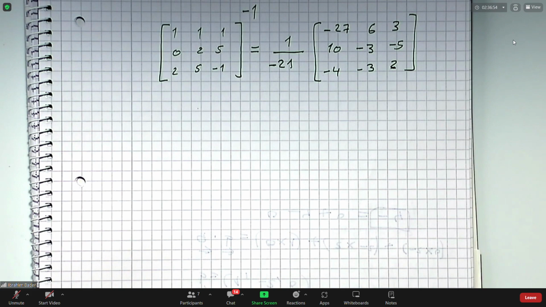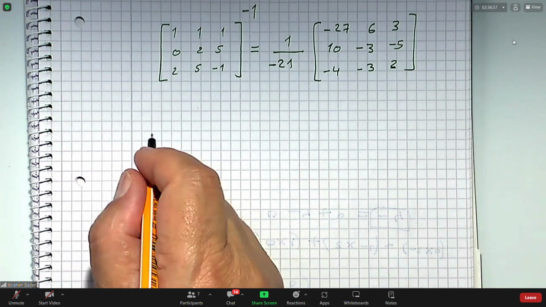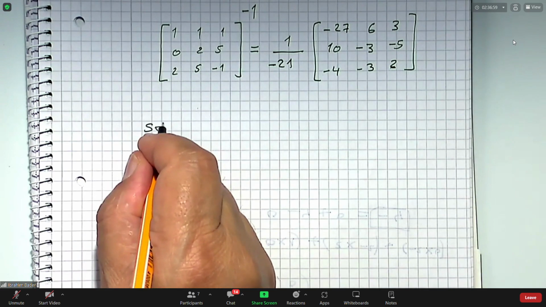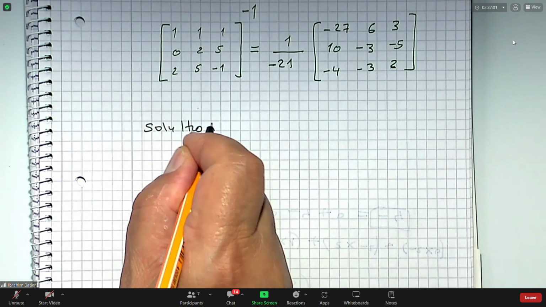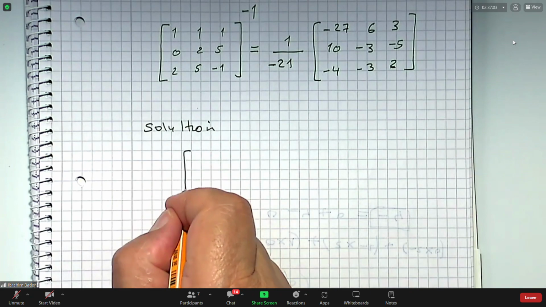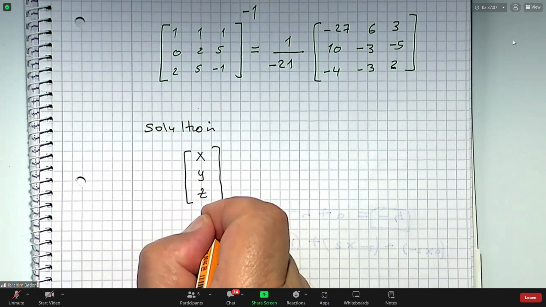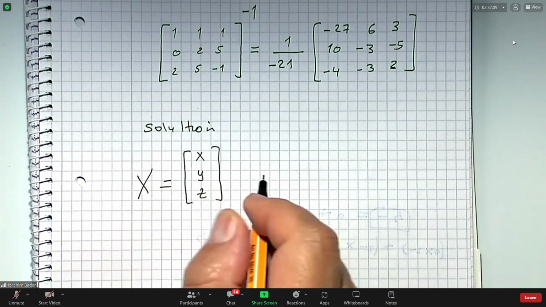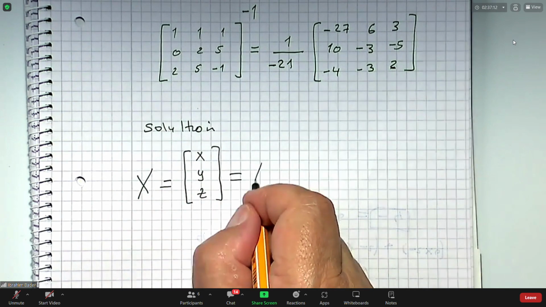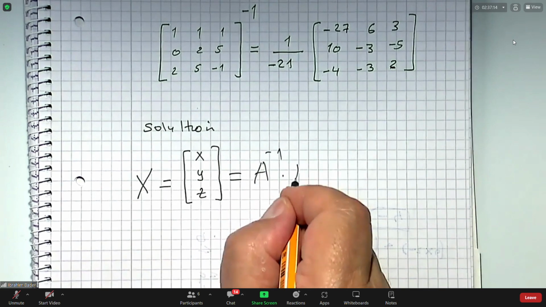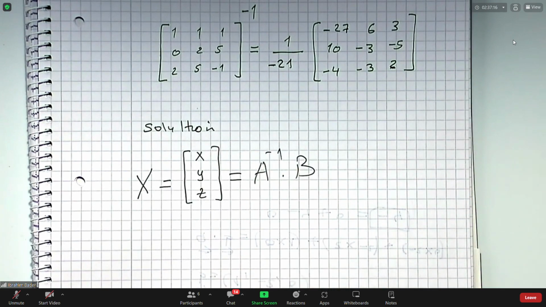This is A inverse. Now the solution of the linear system, XYZ, which is my capital X here, is equal to A inverse multiplied by B. Now we know A inverse.